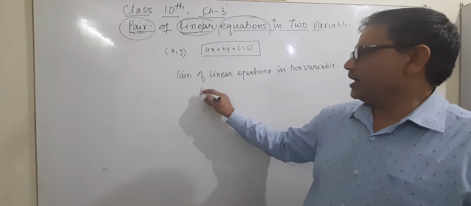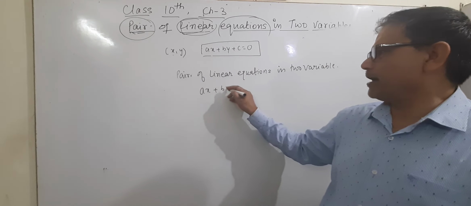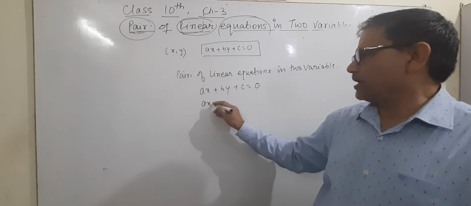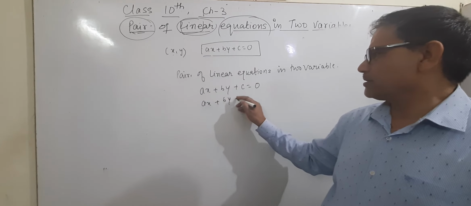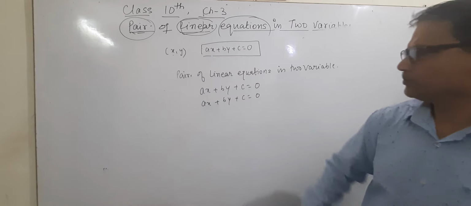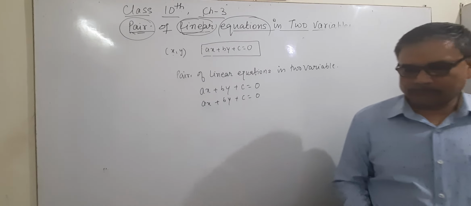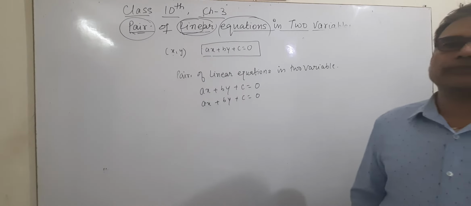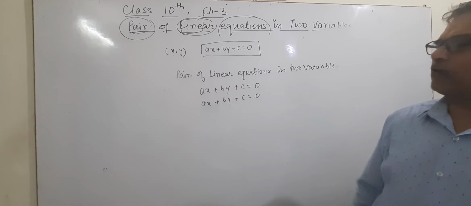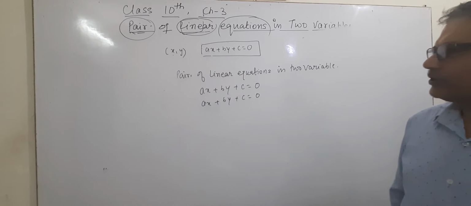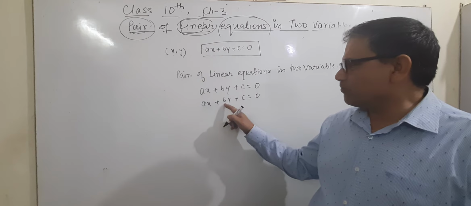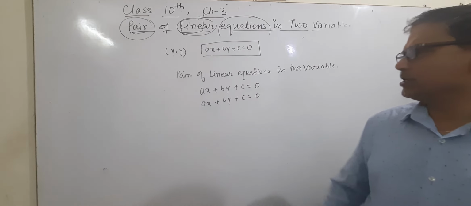First is ax plus by plus c is equal to 0, and again ax plus by plus c equal to 0. I think both are the same. Then how can you say that they form a pair of linear equations? It is only one equation, because the coefficient of x is the same, the coefficient of y is the same, and c is the same.